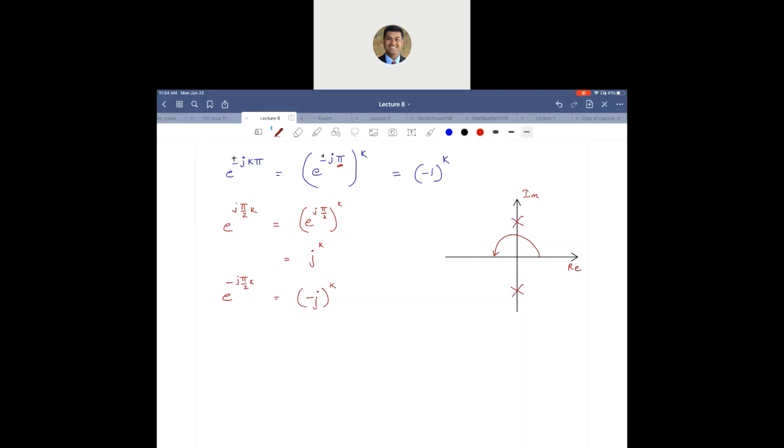The top one is for e to the j pi over 2 to the k, or e raised to j pi over 2, and then the second one is e to the minus j pi over 2. So by using the knowledge of our complex numbers, we can quickly write these things. But we are using the first one for now. e to the jk pi is -1 raised to k. That's what we are using here.